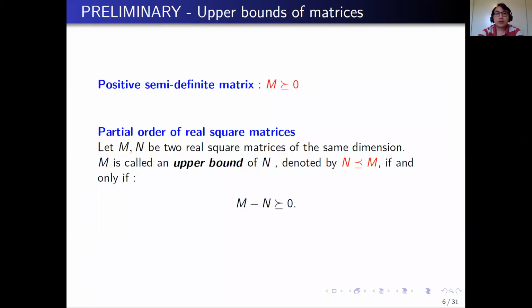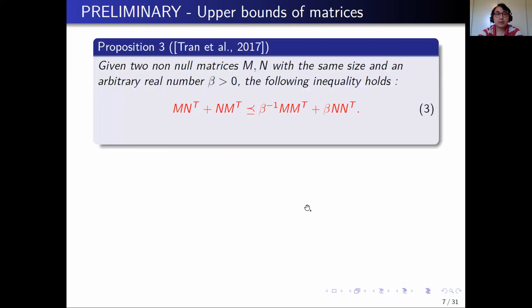Now we go to the notion of upper bounds of matrices and related results. A positive semi-definite matrix will be denoted by M greater than or equal to 0. For two real square matrices of the same dimension, M and N, M is called an upper bound of N if and only if M minus N is a positive semi-definite matrix.